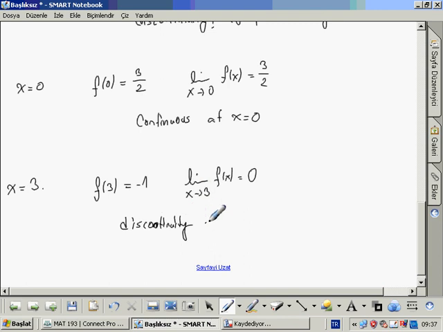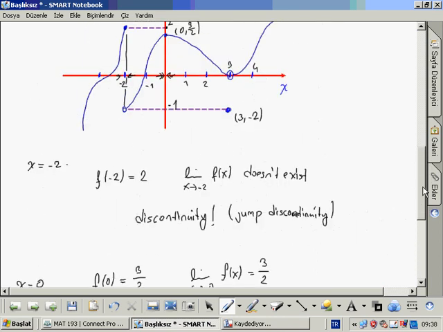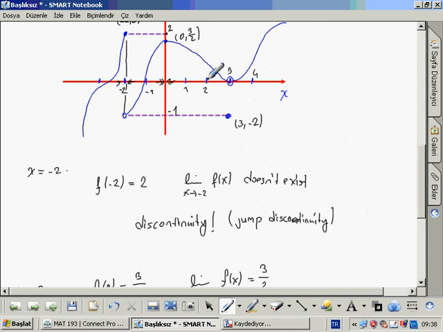This is a discontinuity at x equals 3, and this kind of discontinuity is called a removable discontinuity. Why? Okay, look at the graph. Removable discontinuities are those where there is a hole in the graph, as there is in this case. As you see, there is a hole, okay.